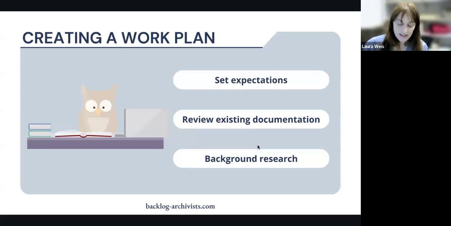Another question you might think through is, has direction been given on what level of processing to do? Is that clear? If this particular collection warrants a more minimal level, is the goal going to be series level descriptions, or something a little more intensive, maybe folder level or even item level descriptions?